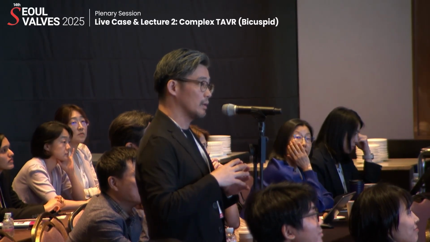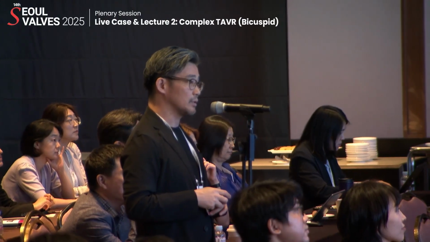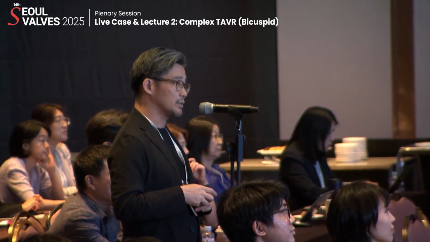In terms of asymmetrical expansion, of course, SAPIEN does better than Evolut. However, the leaflet of Evolut is a little bit higher than the level of aortic annulus. So anyway, the Evolut leaflet works well, even in patients with bicuspid valve. But my point is how much we can decrease the PVL, how much we can achieve results as good as that of surgical AVR.